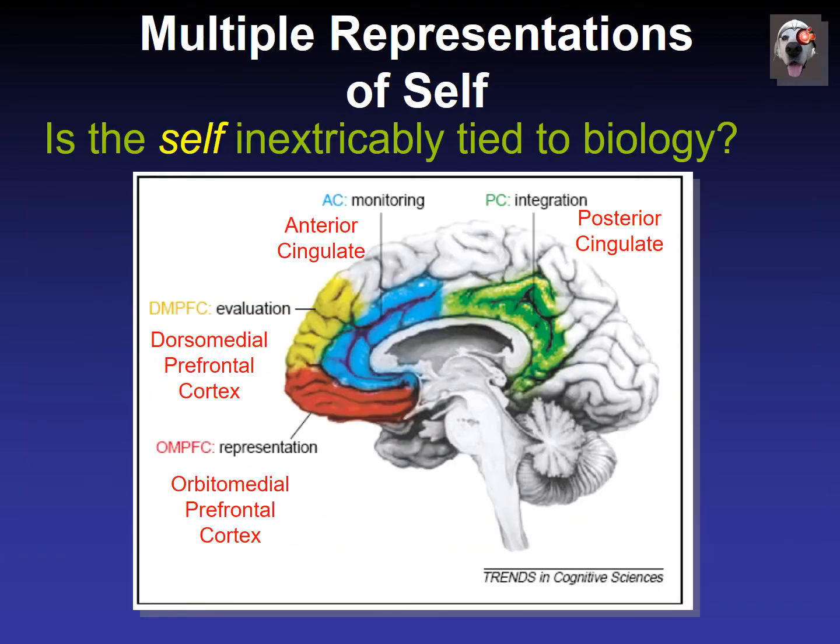So let's tie some brain regions to some of those functions. And the functions that we'll talk about here are the ones that I underlined in the previous slide. The first is representation. That is this idea of representing stimuli that are self-referential, things that are relevant to you.